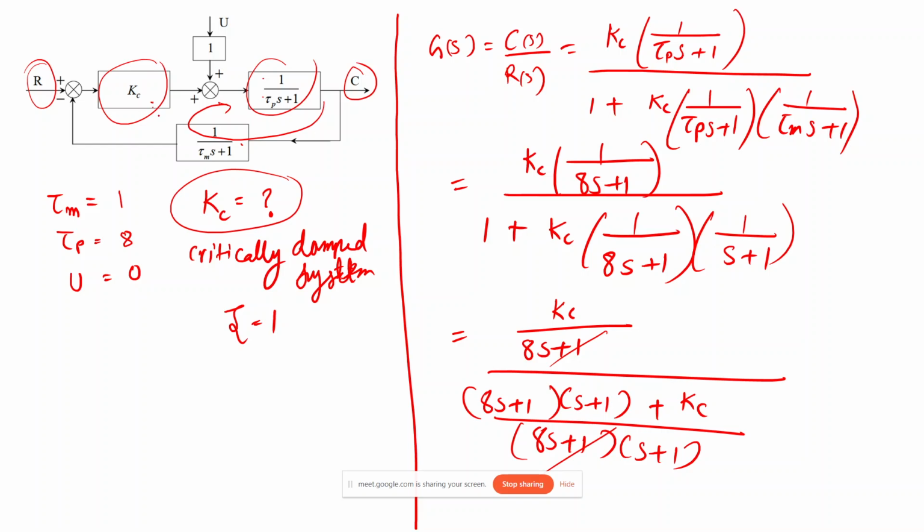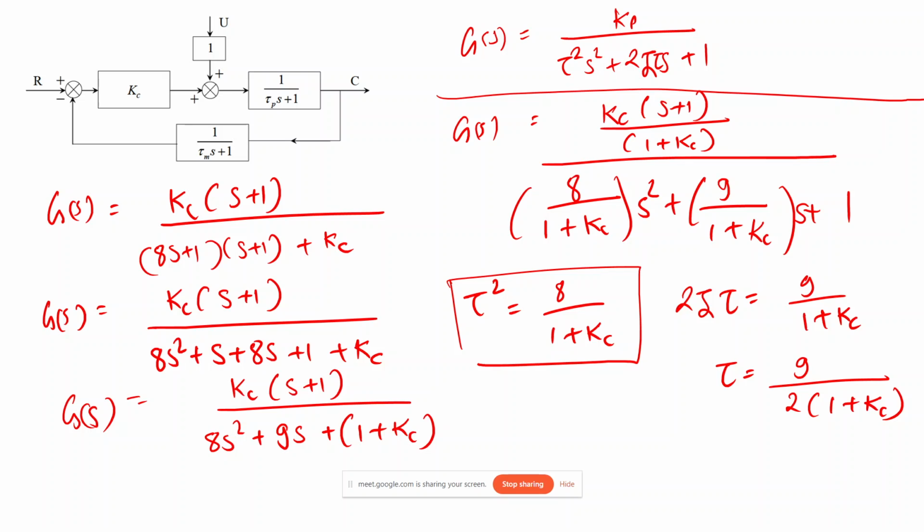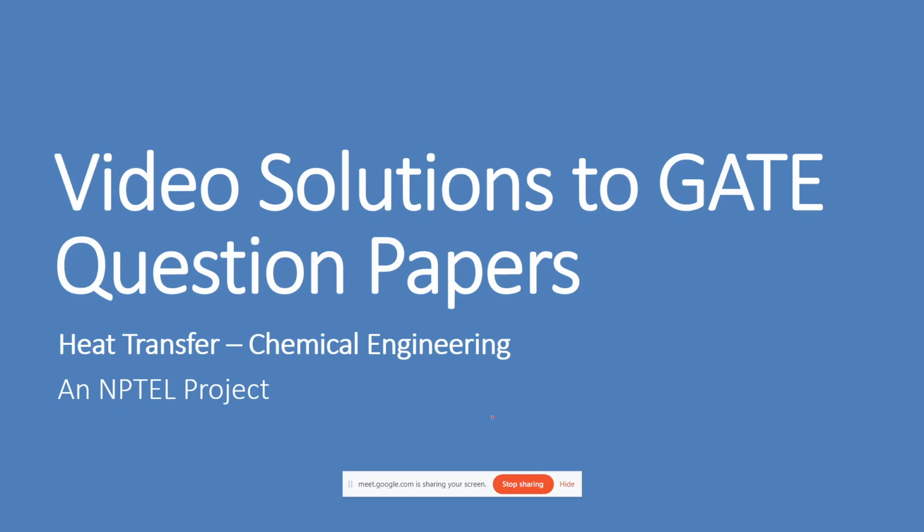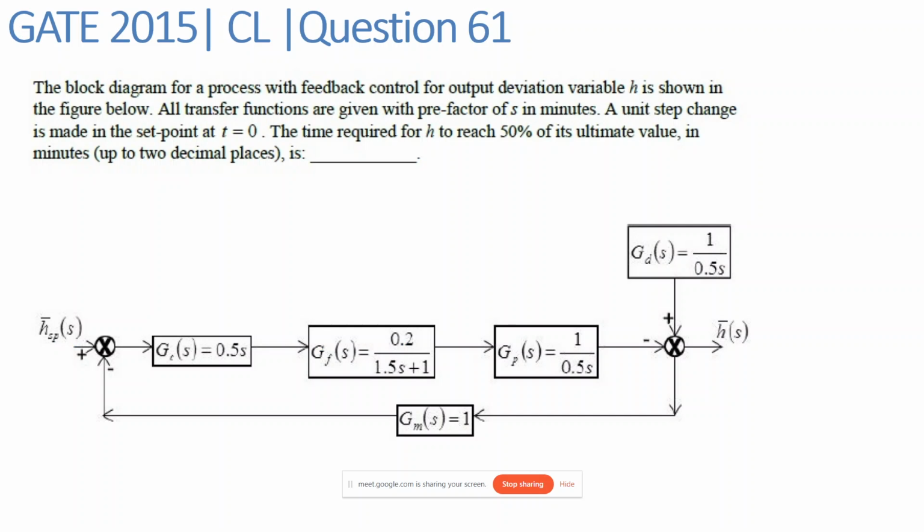So all these three blocks will get multiplied in the denominator plus 1. And then for a critically damped system, we put zeta equal to 1. So that property we used, and found the controller gain for the proportional controller. If you have any doubt, you can write it in the chat box.